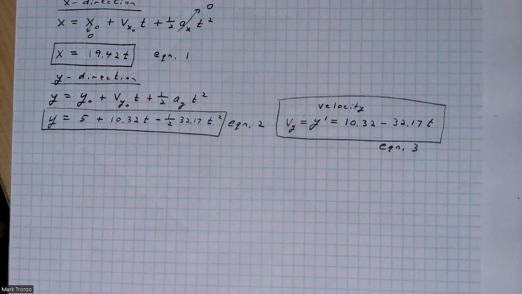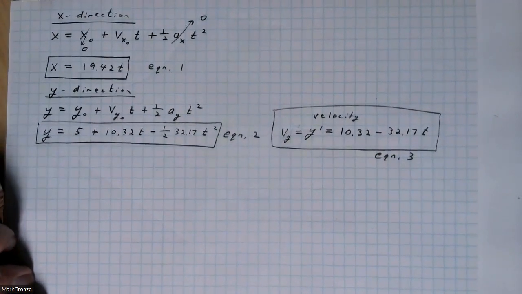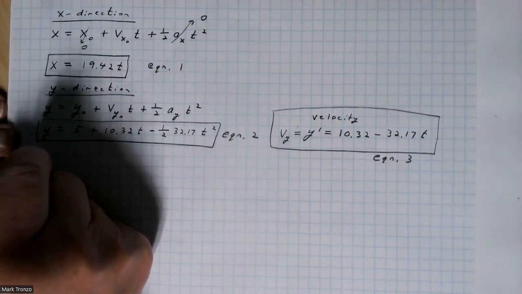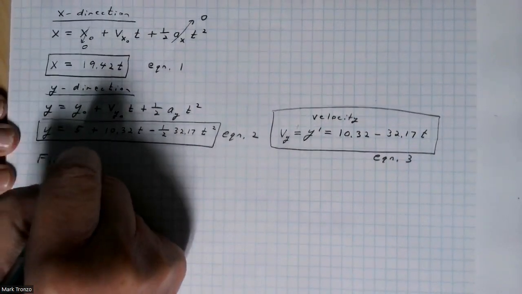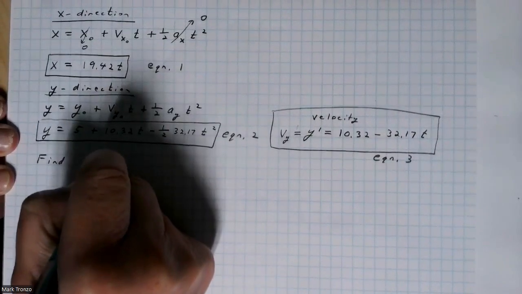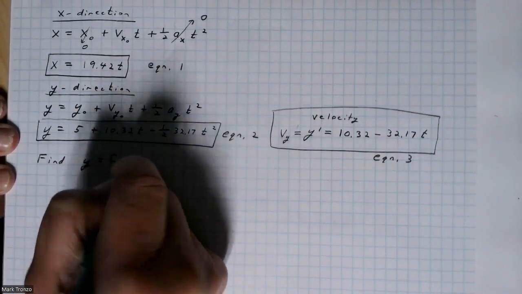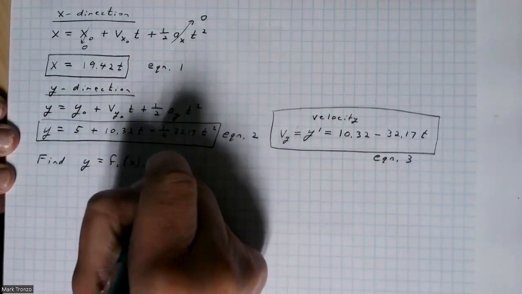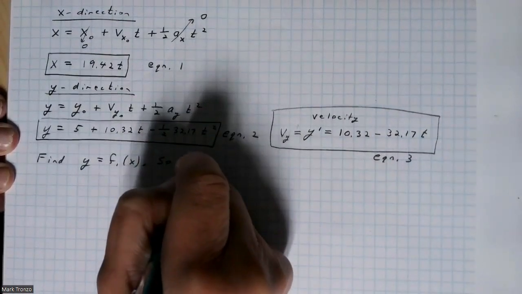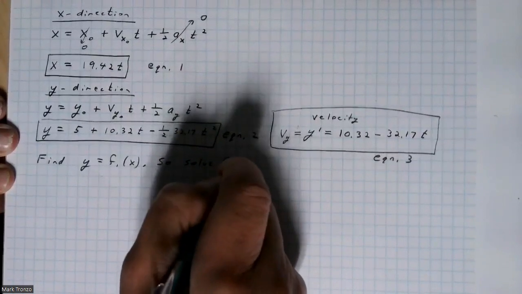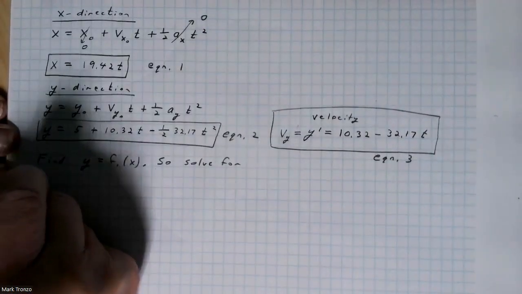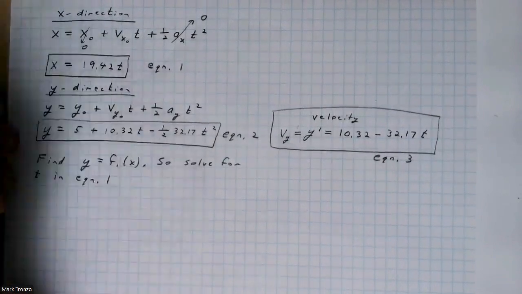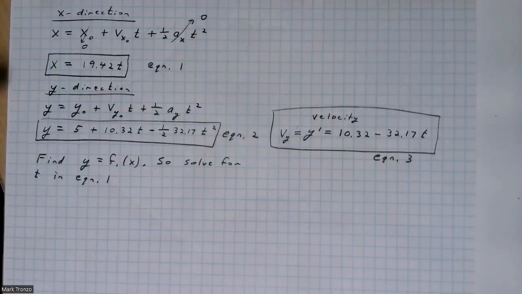So now, as I said at the beginning, we want to find y as a function of x. So to do that, solve for t in equation 1. So we'd go back here and solve for t.